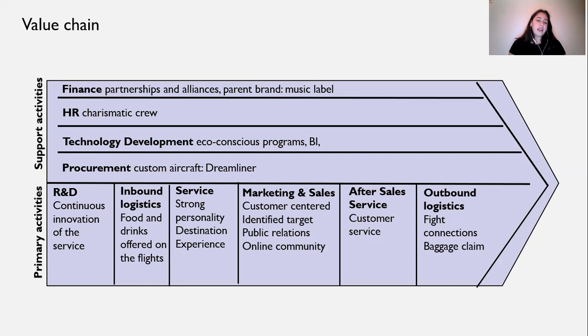Then for R&D, they are in continuous innovation of the service. If they're selling experiences, every flight cannot be the same, so they have to change it a few times a year probably, so they can continue being trendy and fashionable in this sense.